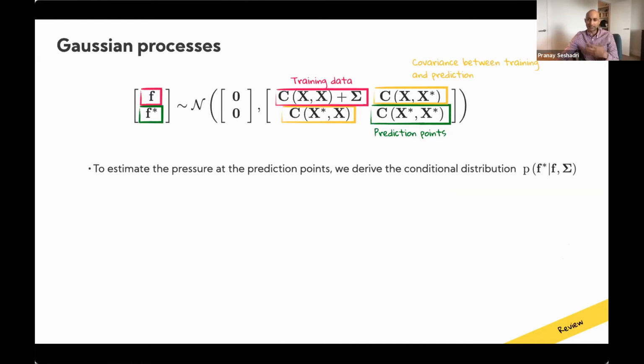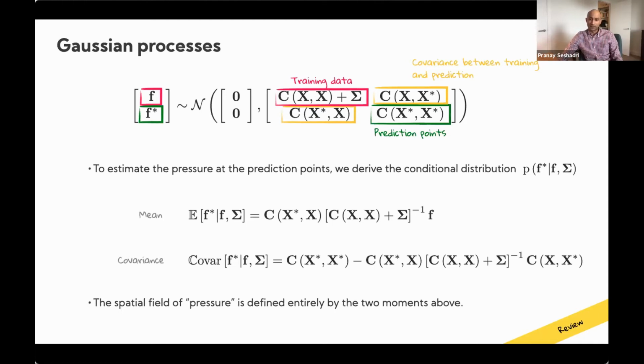And this is basically stating what the probability of F asterisk, which is effectively the pressure at the prediction points, ought to be, given the fact that I'm observing the pressure along these training points as indicated before. And so this distribution, which we've assumed Gaussian, has a certain mean and a certain covariance, and it's entirely defined by this mean and this covariance function. And so our pressure field is really given by these two moments as shown over here.